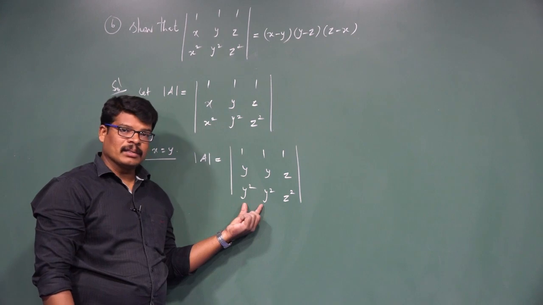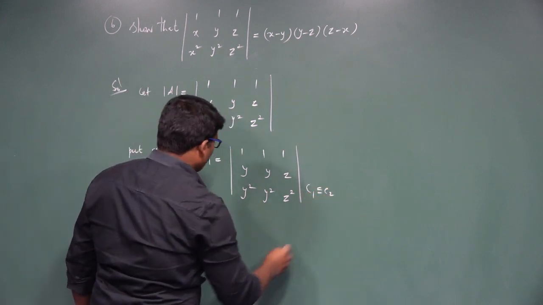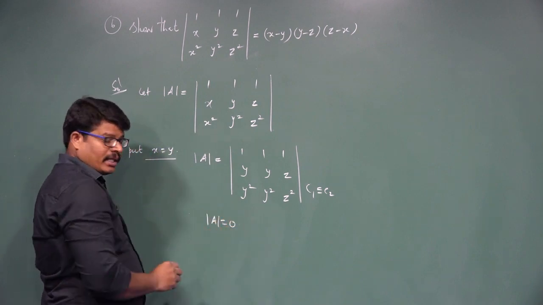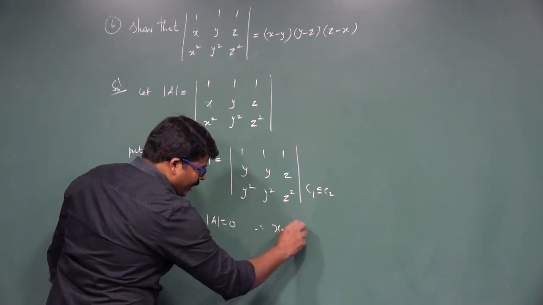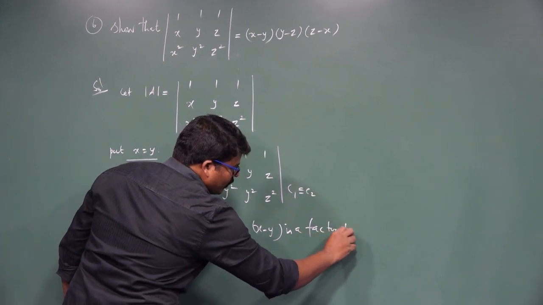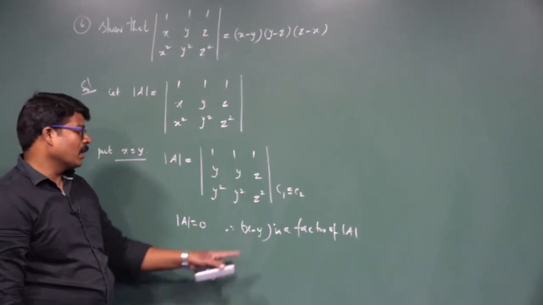Two columns are identical, C1 identical to C2, so the determinant A equals 0. Therefore, x minus y is a factor of determinant A.